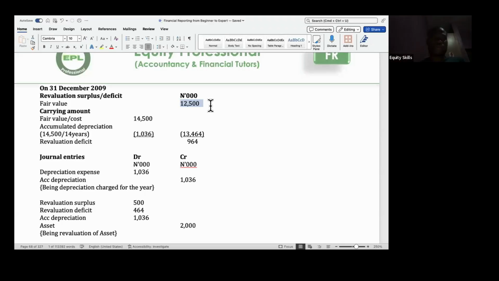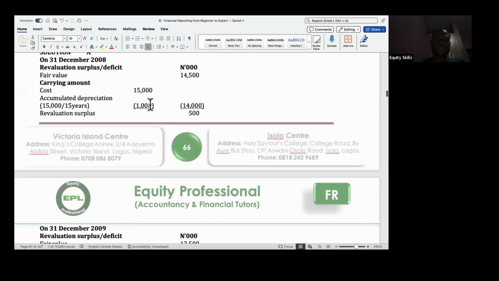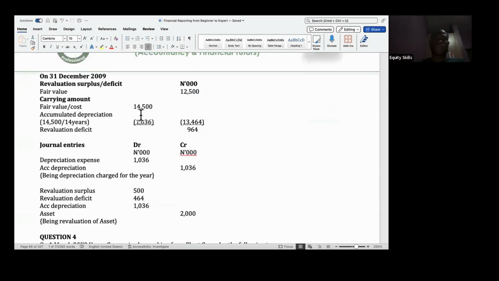But remember, no, it's not 12,500 at the beginning of the period. It was 14,500 from last year. This 14.5 from last year, that's what becomes opening this year, okay? So at the beginning of this year, what was in our asset account was 14.5. But as a result of revaluation, it is now 12.5.